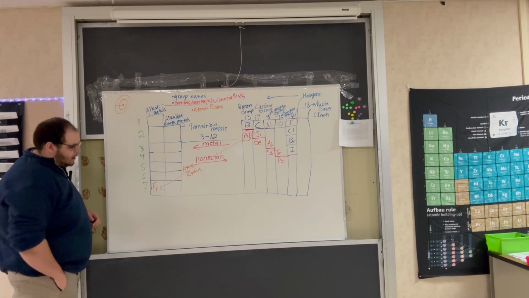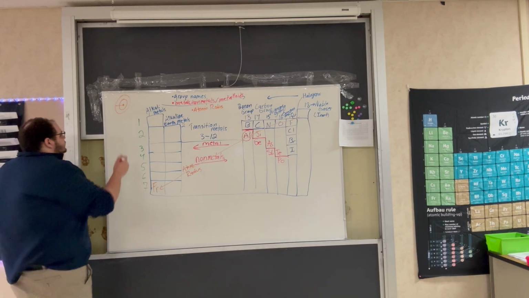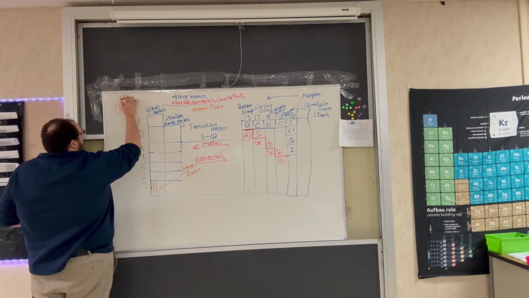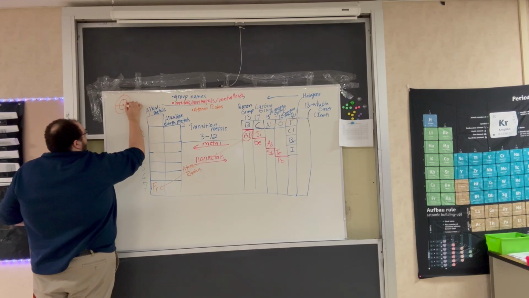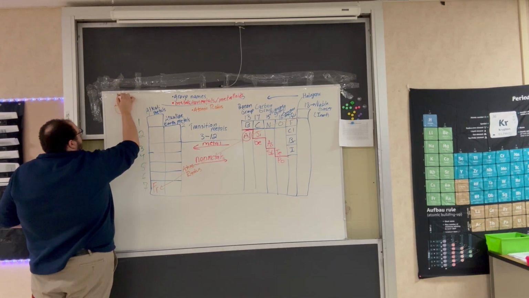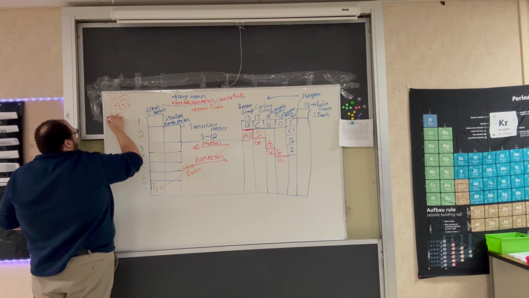Another reason that atomic radius is so large for francium is there's so many electrons that are blocking those protons. 1, 2, 3, 4, 5, 6, 7.